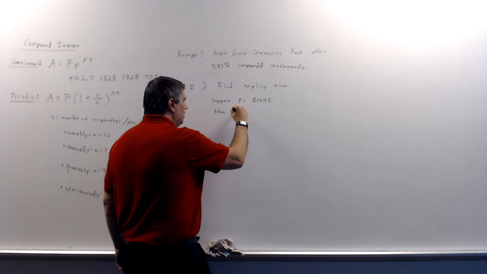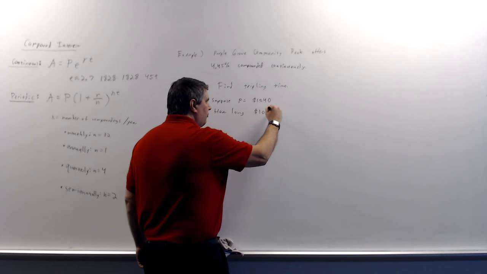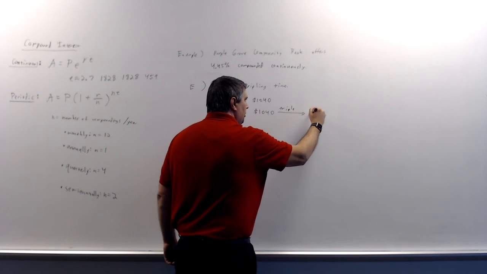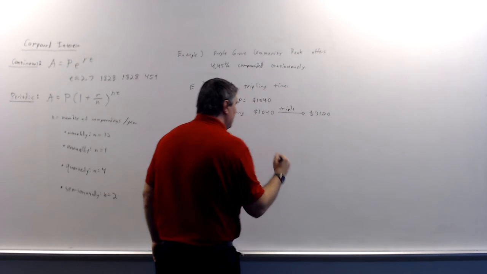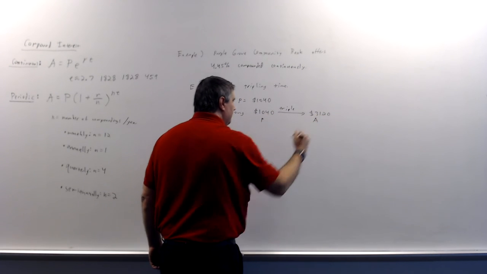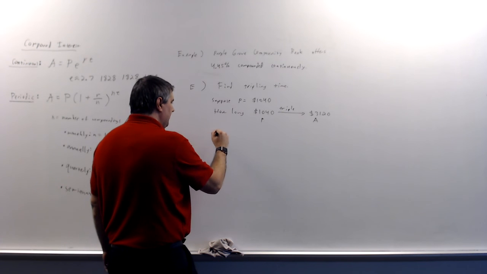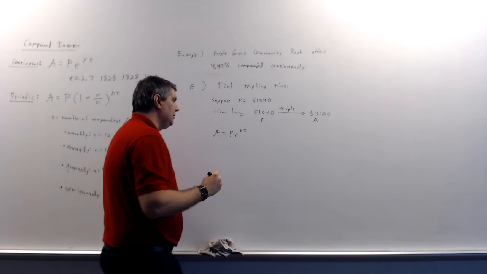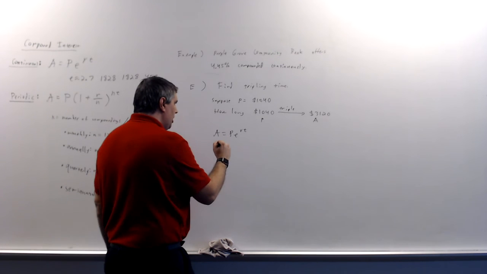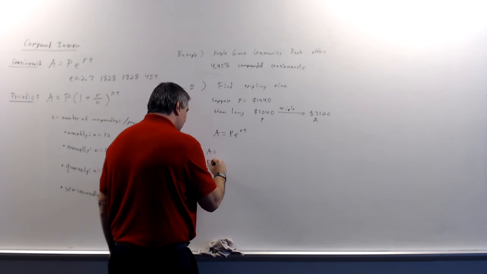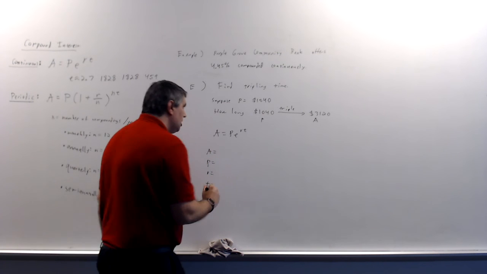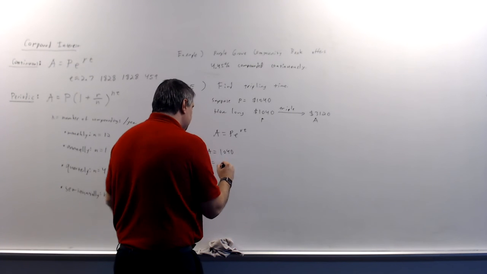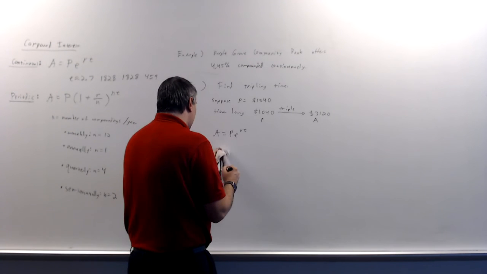How long for 1,040 to triple to 3,120? So, if A equals Pe to the rt power, I want to know, so A equals, P equals, R equals, T equals. So A is 3,120. P is, we're starting with 1,040.